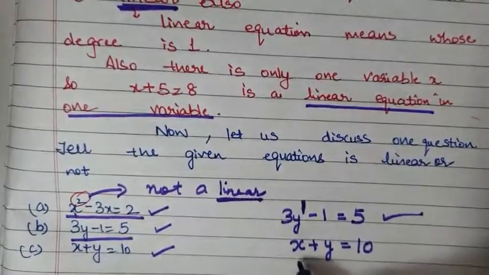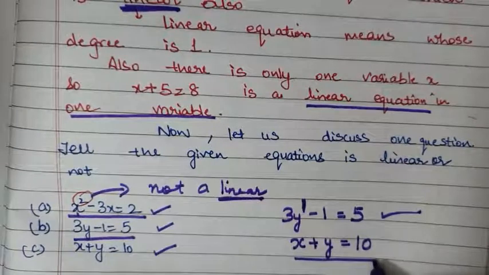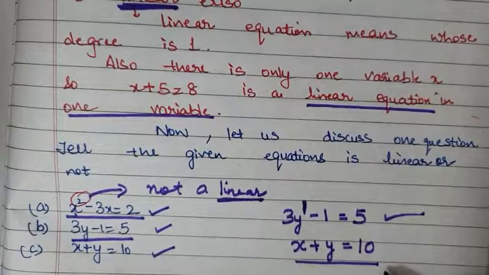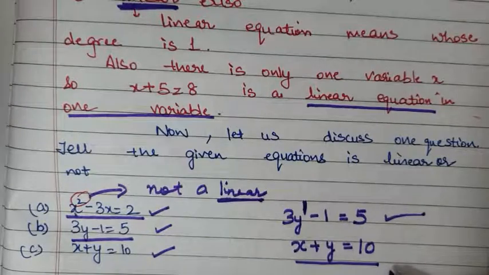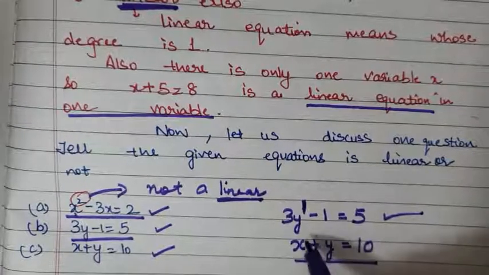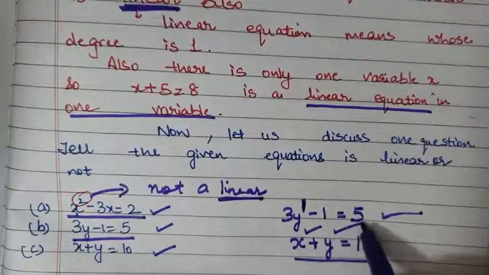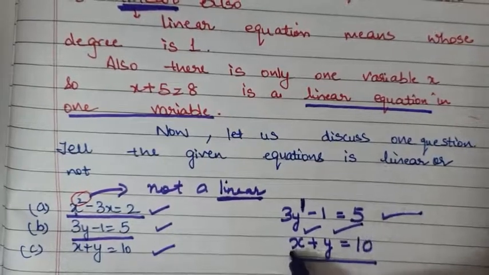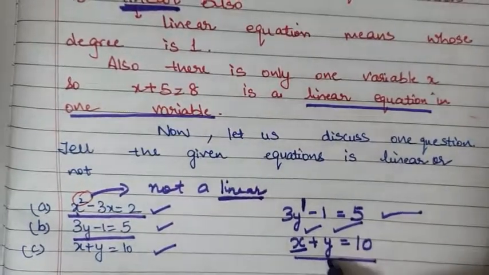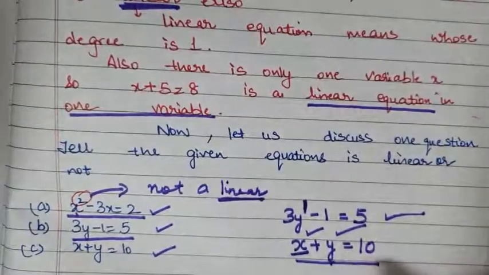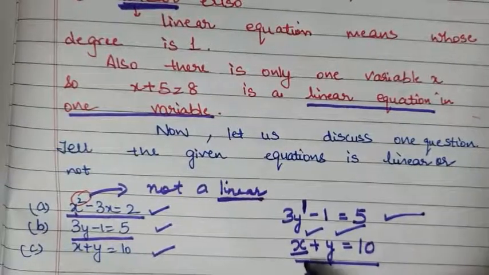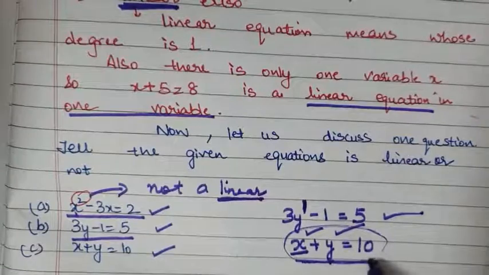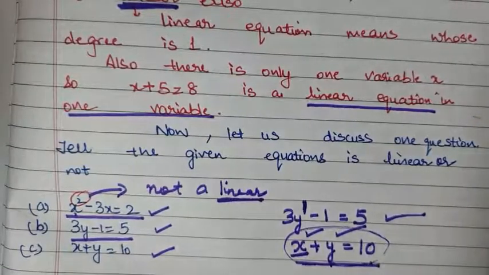This is also a linear equation, but in how many variables? Yes, there are 2 variables, x and y. So we can say that this is a linear equation having 2 variables.